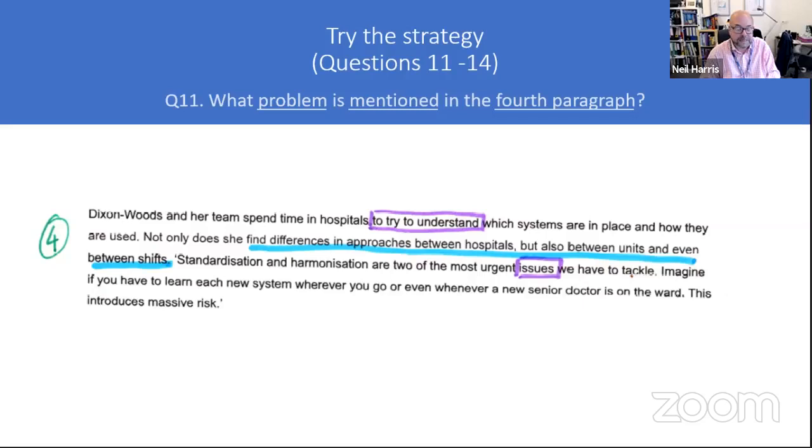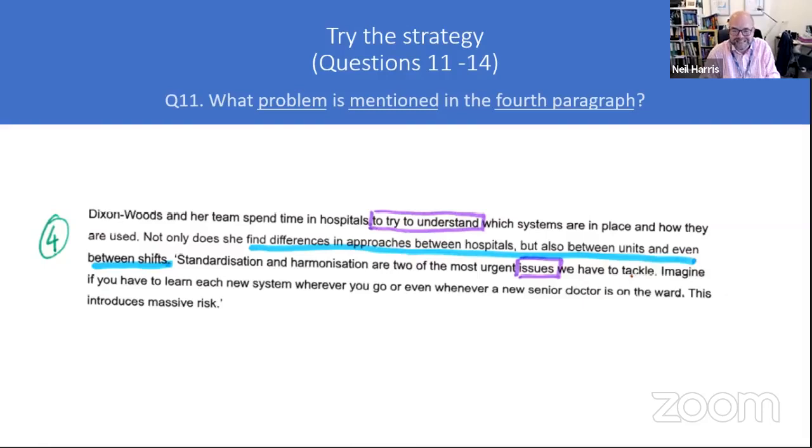And if you've decided that the problem was that Dixon Woods found differences in approaches between hospitals, but also between units and even between shifts, which we try and put into our own words, don't we? So have a think about, what does that mean? Well, it means that from one hospital to another hospital, things are done differently.